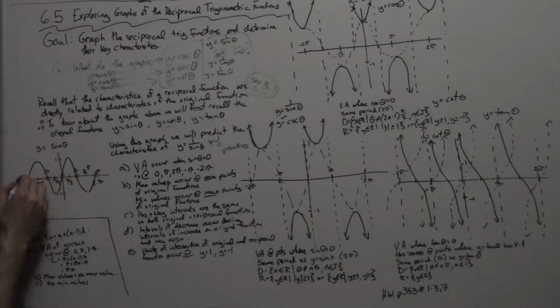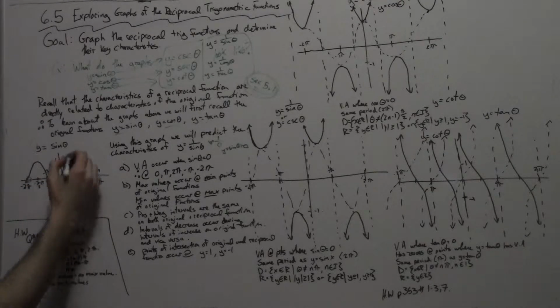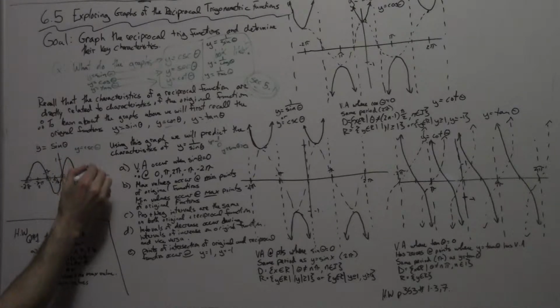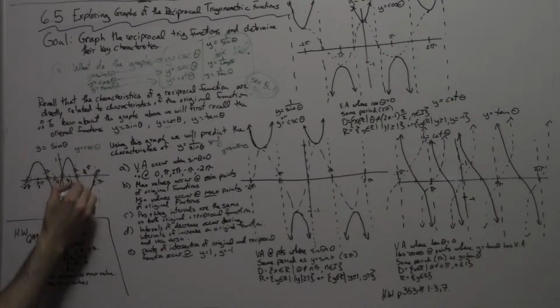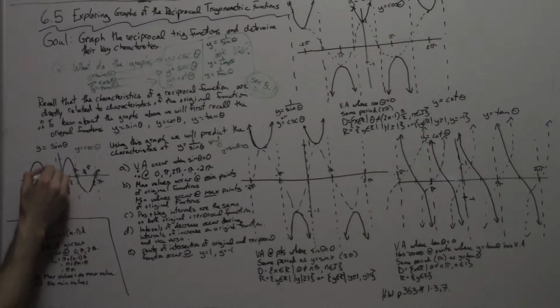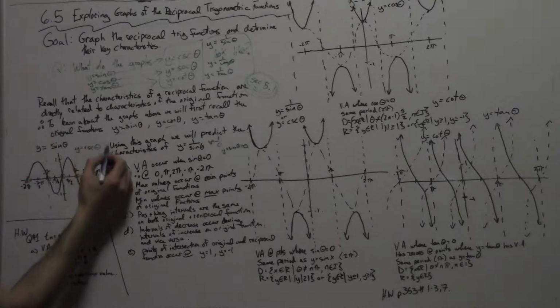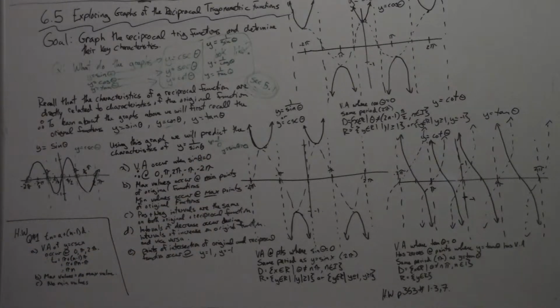So at these points, we know on y equals cosecant theta, there have to be vertical asymptotes, because of the logic of y over 0, which we know occurs when there are vertical asymptotes.